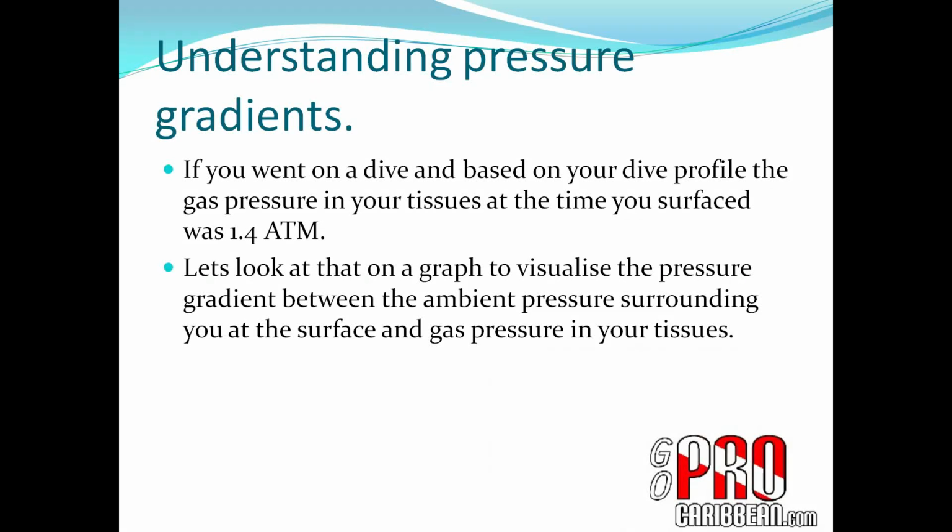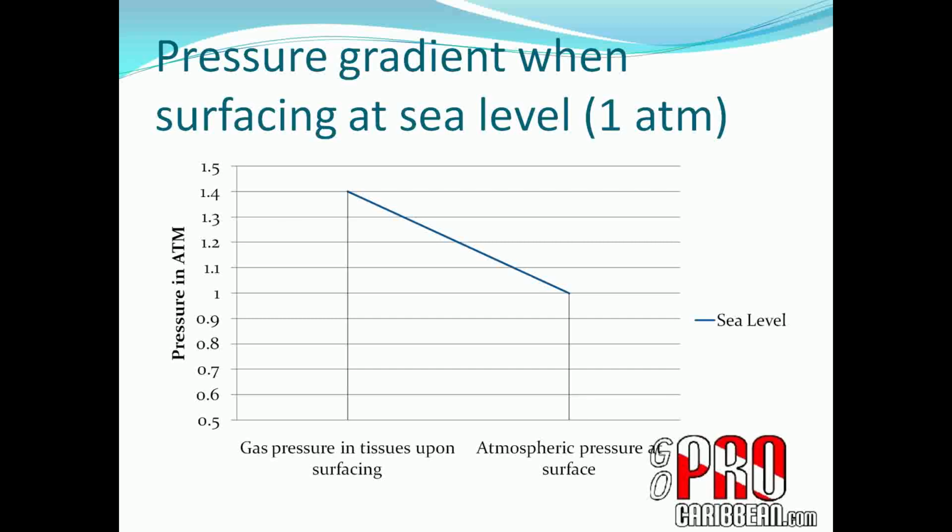Now, let's try and pull up a graph to help us visualize the pressure gradient between the pressure surrounding you at the surface and the gas pressure in your tissues. So what we have here is the starting point, the gas pressure in our tissues at the time we surface, and that's 1.4 atmospheres.